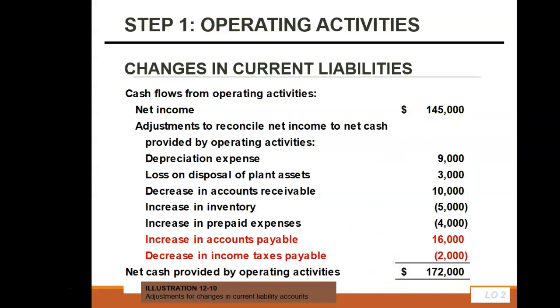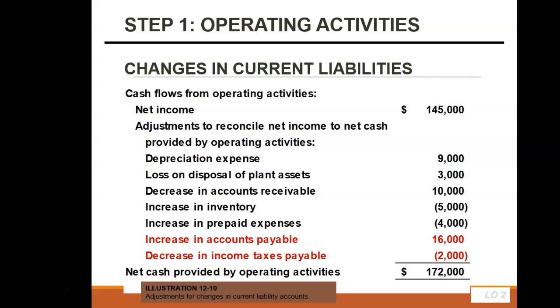Okay, so let's recap. When preparing the statement of cash flow using the indirect method, you first begin with your accrual-based net income reflected on your income statement. You're then going to add any type of non-cash expenses such as depreciation, amortization, or depletion.